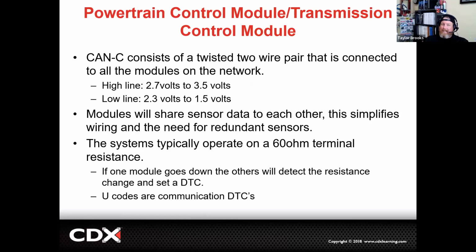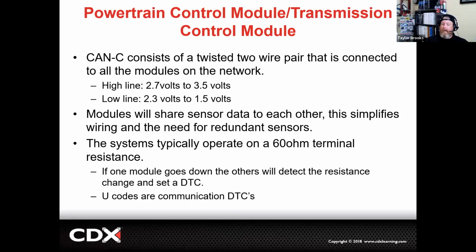We will have a high side and a low side. Now, the high side is going to operate at voltages anywhere between 2.7 to 3.5 volts. The low side is anywhere between 2.3 and 1.5 volts. If you add the voltage together with both lines, that gives you 5 volts.